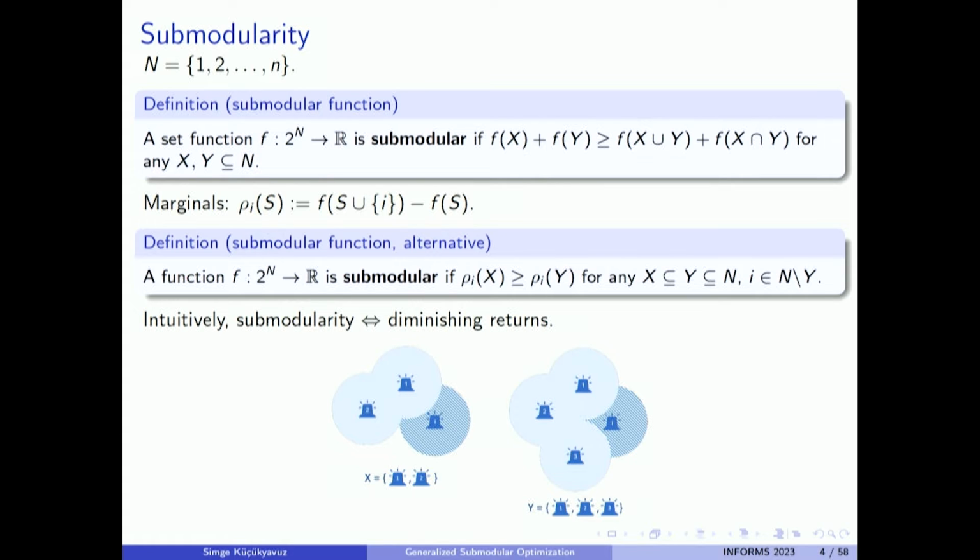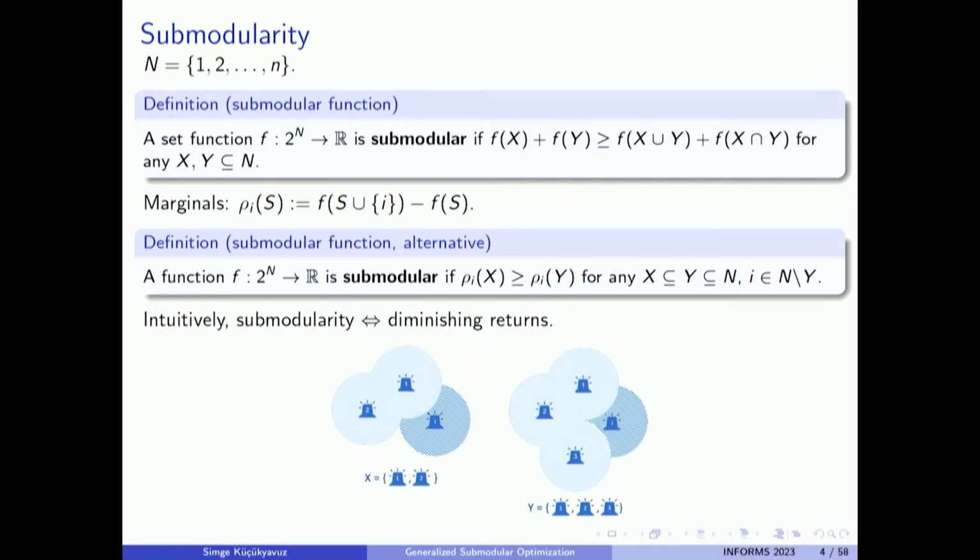So a second and maybe more intuitive definition of submodularity is this one, where you have two subsets, X and Y. This time, X is a subset of Y. You take an item i that is not in Y or X, and the marginal contribution of adding i to that smaller subset X is larger than adding it to the larger subset Y. So this is intuitively a diminishing returns property. The larger the set that you have, the less the marginal contribution of adding an item i to it is.